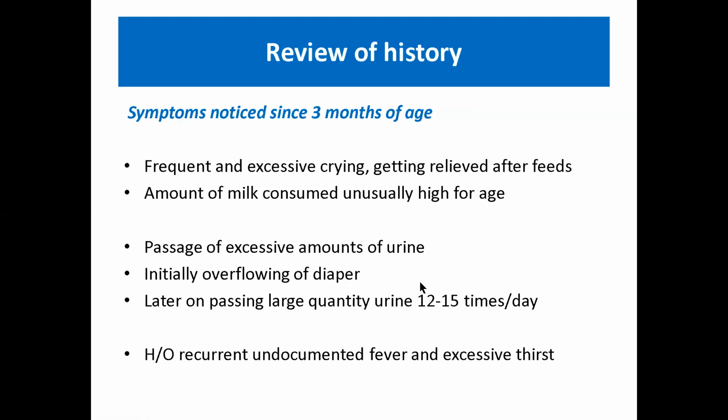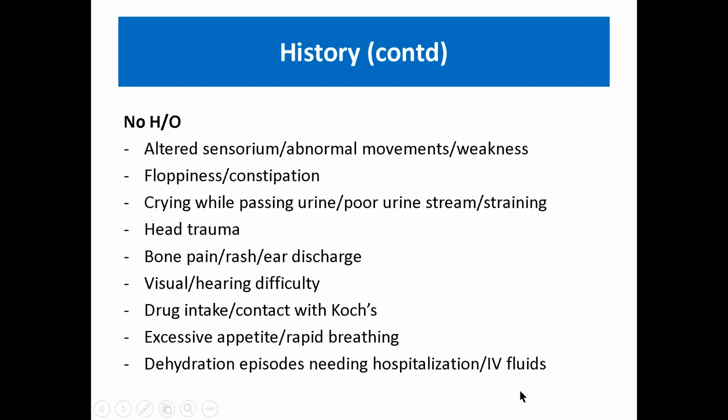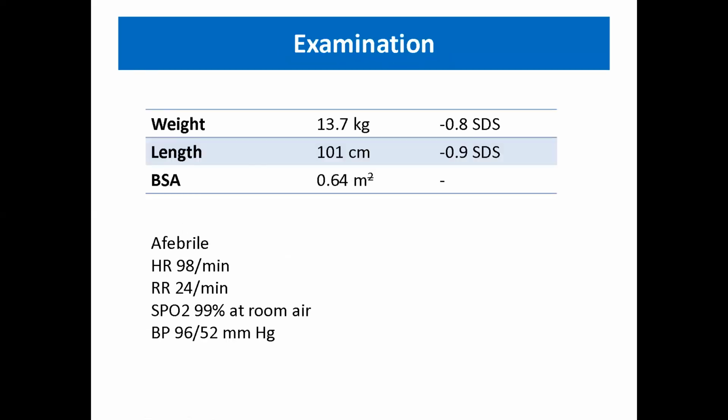And presently also, at around 3.5 years of age, he's passing large quantity of urine, around 12 to 15 times per day. There was also a history of undocumented fever and excessive thirst. All the relevant negative history was taken, and nothing was contributory.